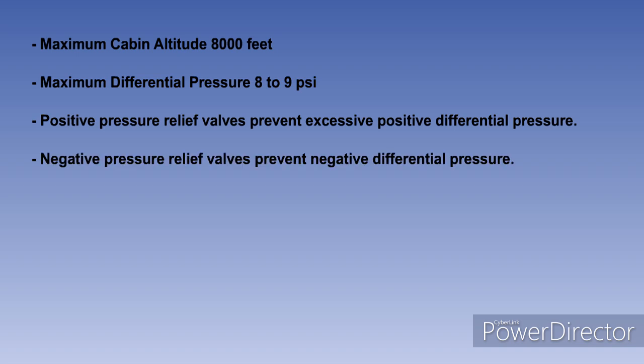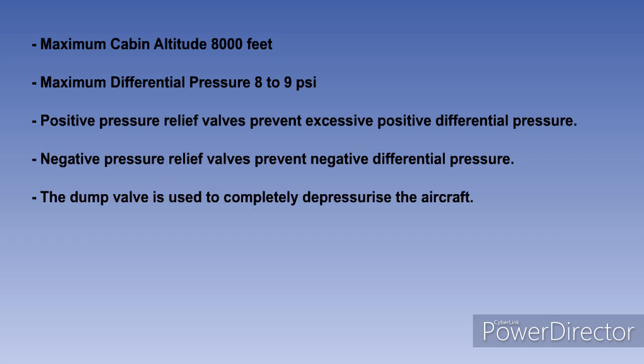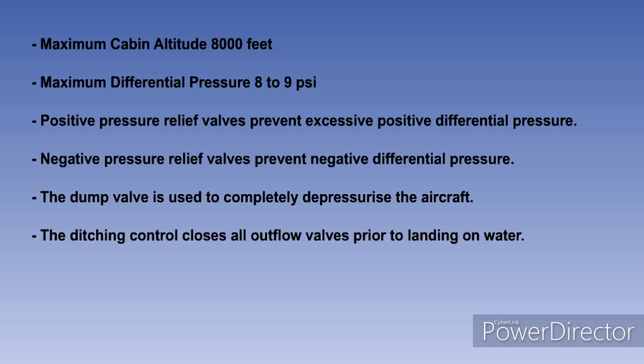And negative inward opening relief valves prevent the pressure inside the cabin becoming less than that outside. The dump valve is used to completely depressurize the aircraft, and the ditching control is used to close all outflow valves prior to the aircraft landing on water.